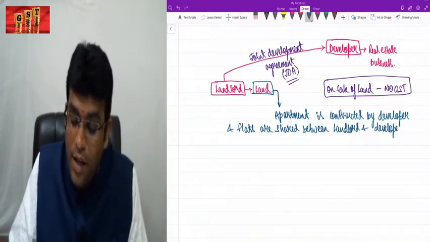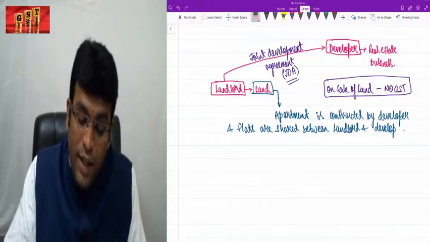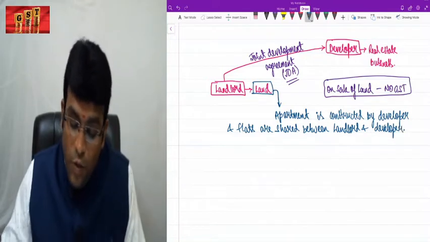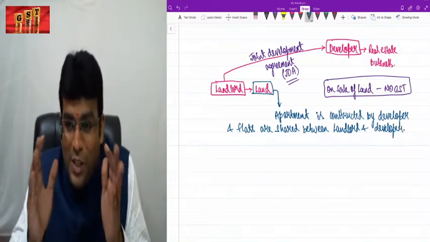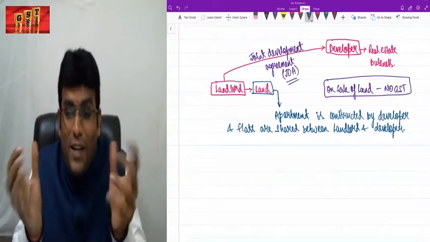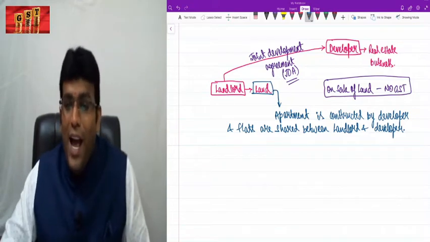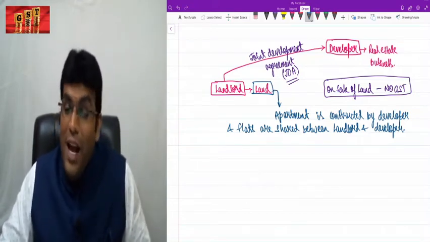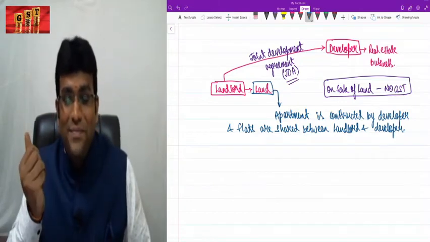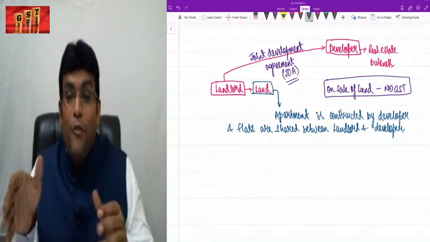Come on, my dear friends. What is the interesting point I am writing here, sir? Please kindly concentrate. Apartment is constructed by the developer. And whatever flats are coming, those flats are shared by landlord and developer. And why do they share? Logic is very simple. Because the land belongs to the landlord. He is giving land. And the developer also will take some flats because the developer is investing money for construction.